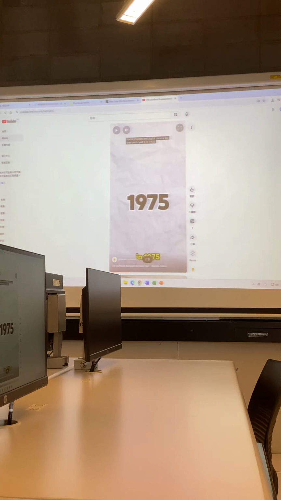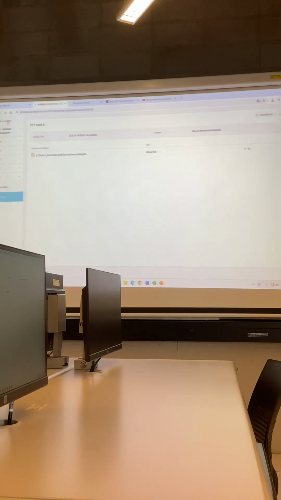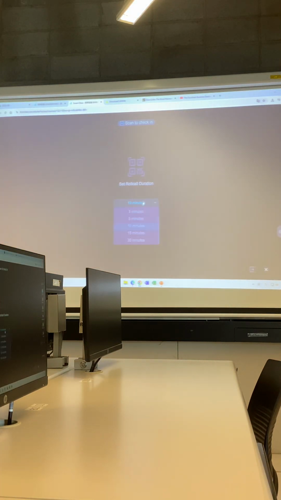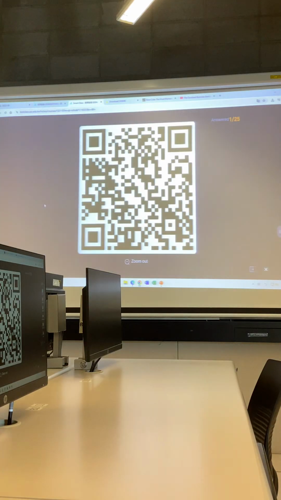Now it's 9:30. Let's do our attendance check first. Please scan the QR code for the first hour attendance and make sure you scan successfully.